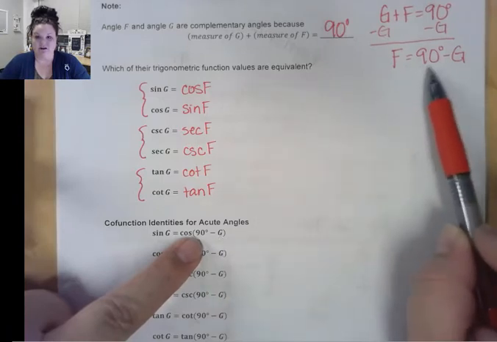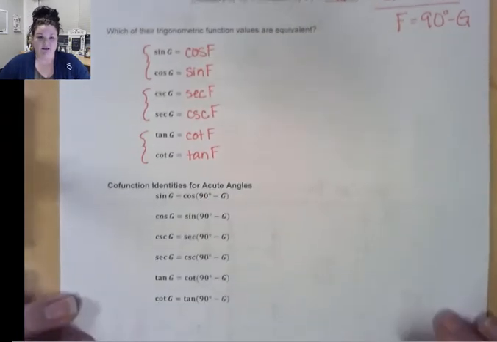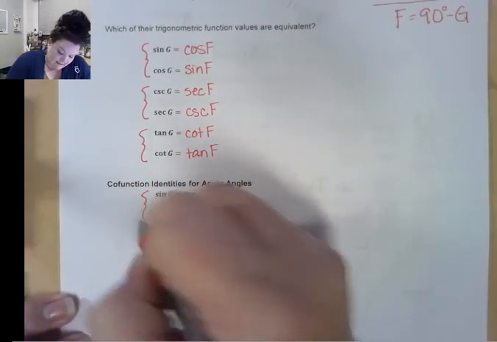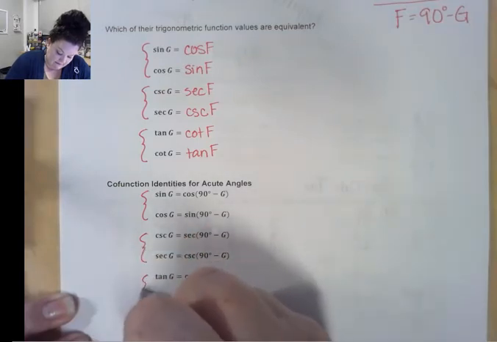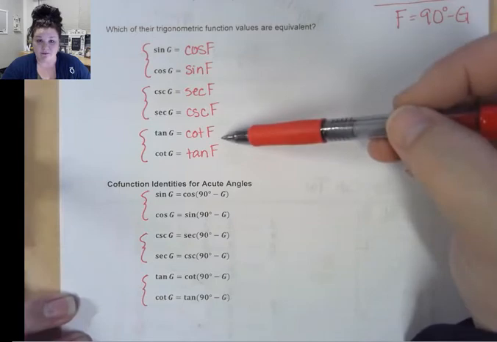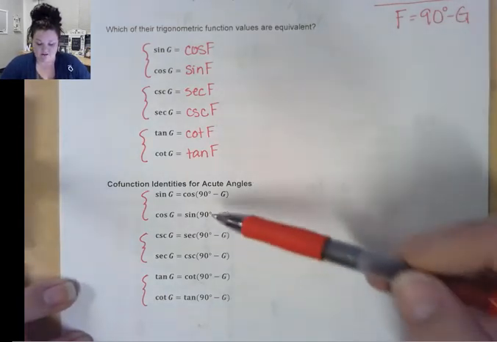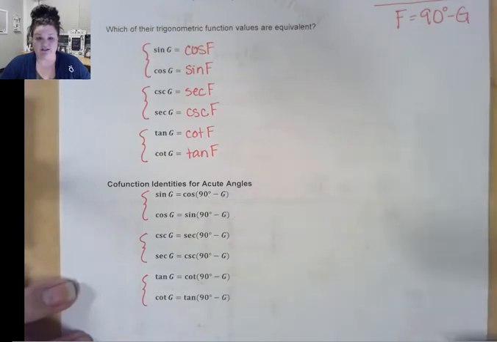Because that's how we can figure out what F is: we can just take 90 and subtract that known G value. Okay, so again, these are the same exact properties that I have written here. The only difference is instead of writing them with an F, I'm writing them with a 90 minus G.